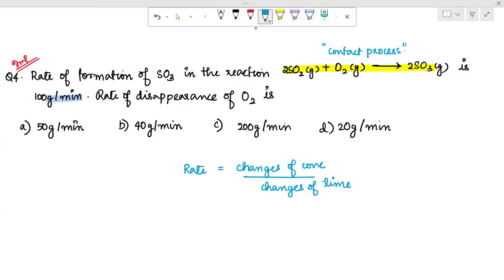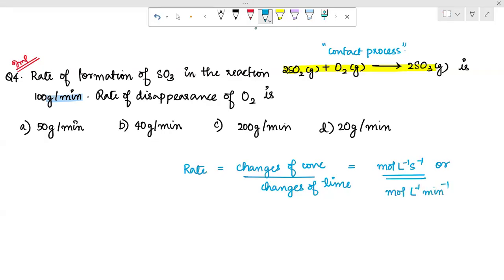And the changes of concentration is either written in terms of moles per liter per second or in terms of atmosphere per second or bar per second, etc. So the changes of the concentration should actually be written as moles per liter per second over here, or moles per liter per minute.